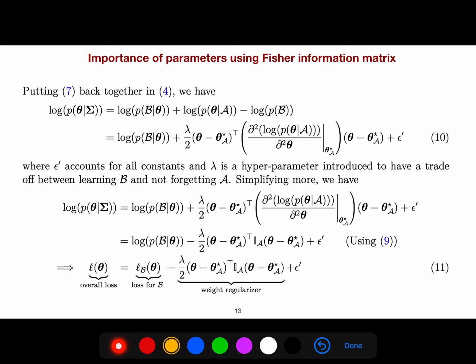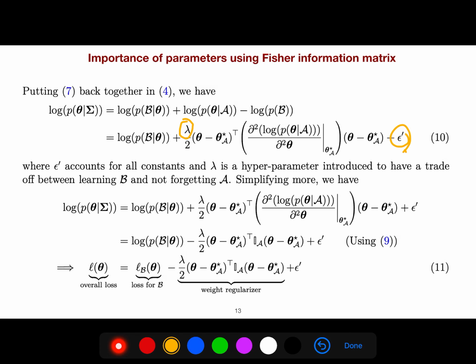And if you combine 7 and 4, you will see that this epsilon prime accounts for all constants. And this lambda is just a hyperparameter because it's a trade-off between learning B and not forgetting A. So I call it the parameter for catastrophic forgetting from A to B.